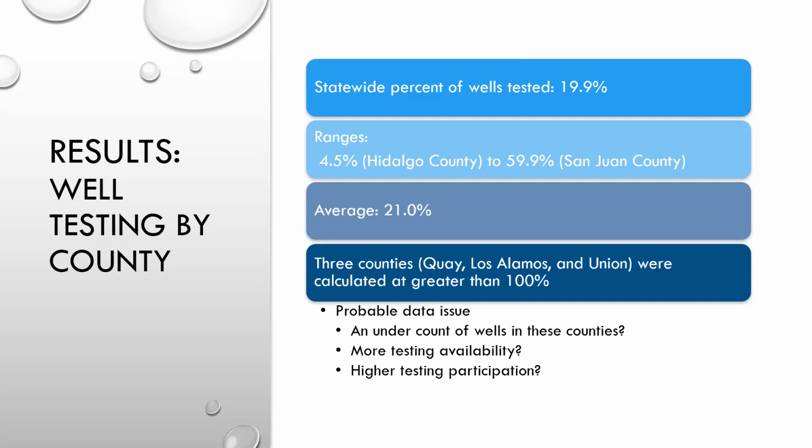And 3 counties had greater than 100%, so definitely something going on there. Possible explanations are an undercount of permitted wells in the county, maybe higher testing availability, maybe higher testing participation in our events, maybe something else. There isn't really a great way to get at what's going on here.